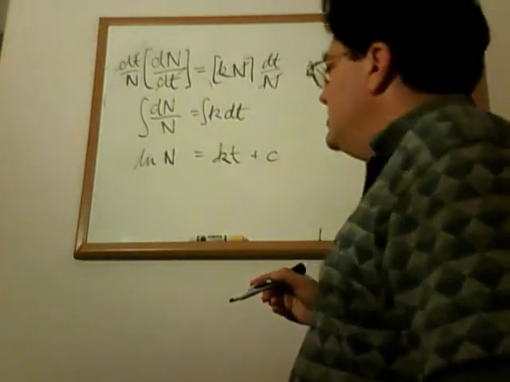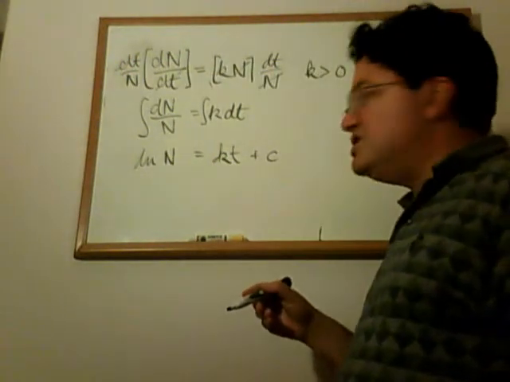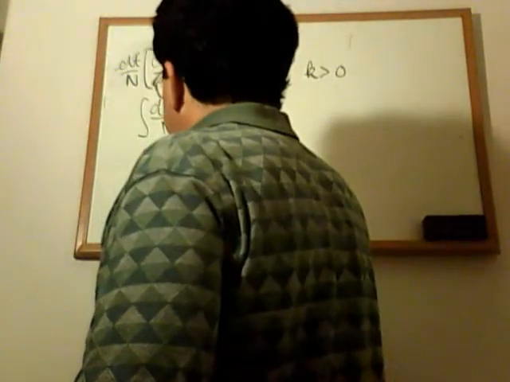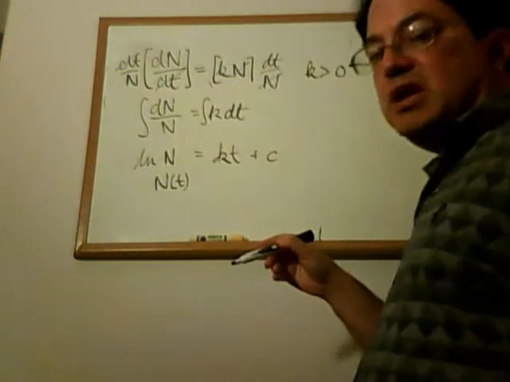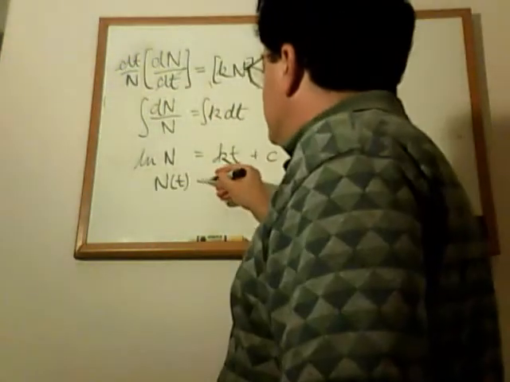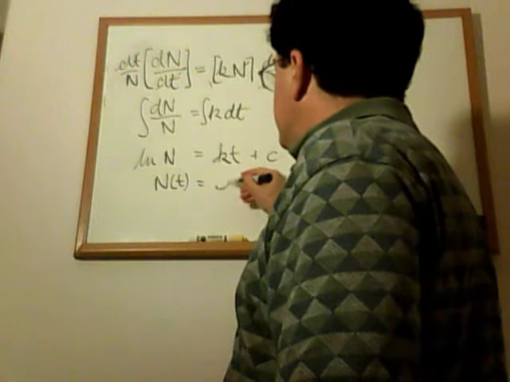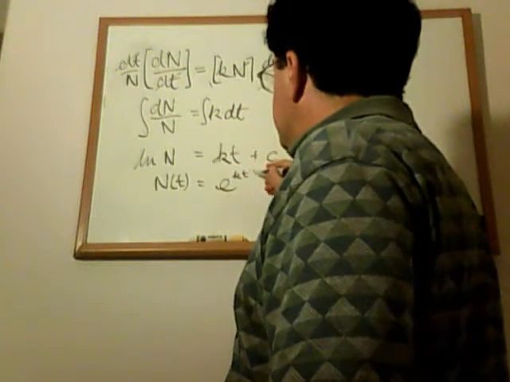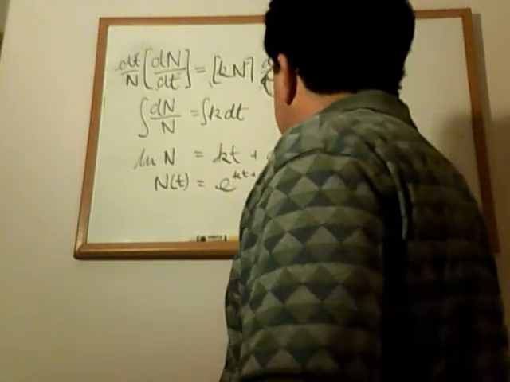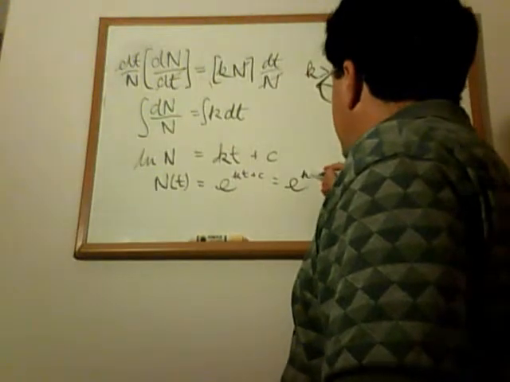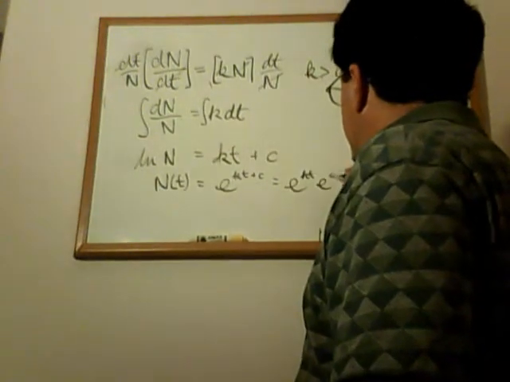The next step is we have to exponentiate both sides, since we're solving for N. The way we do that is we exponentiate the left side. And when we exponentiate log N, you just get N, so we have N of t. When we exponentiate the right side, we get e to the kt plus c, which we can write as e to the kt times e to the c.